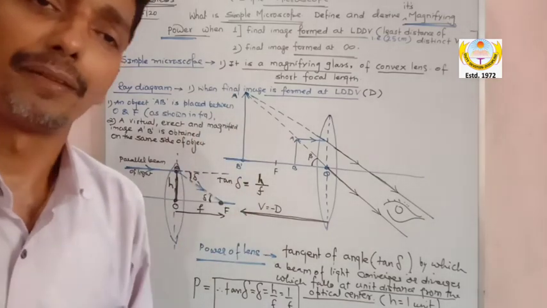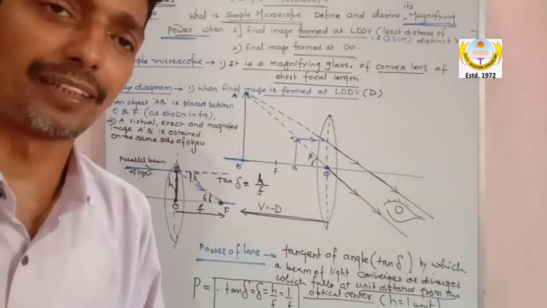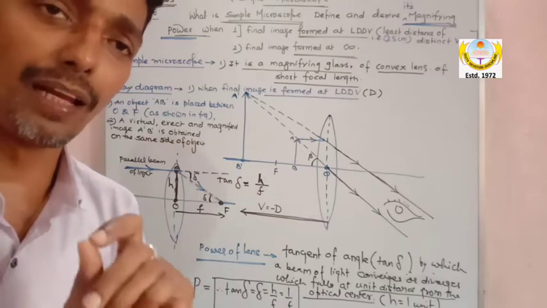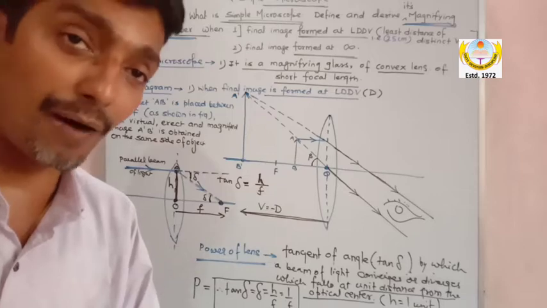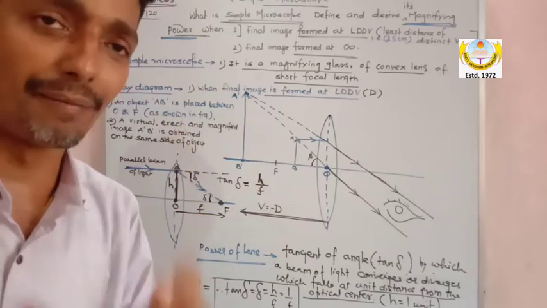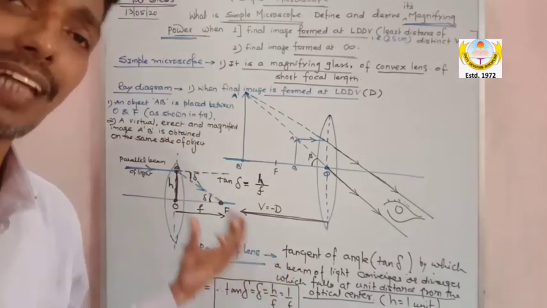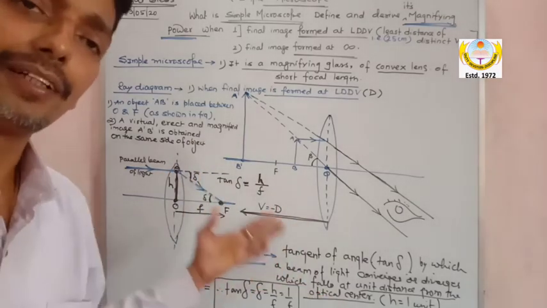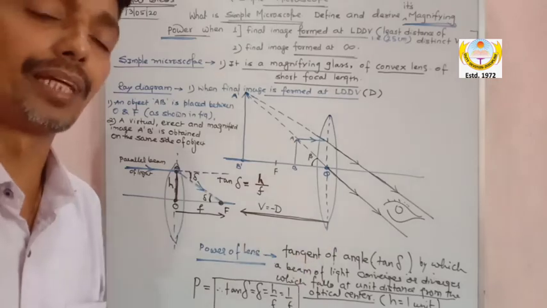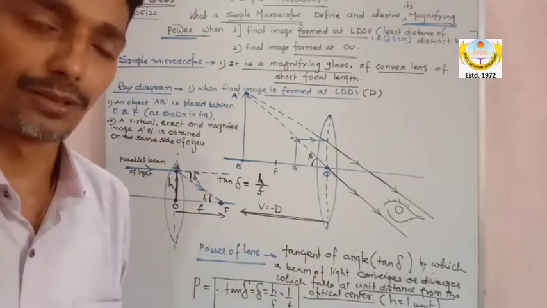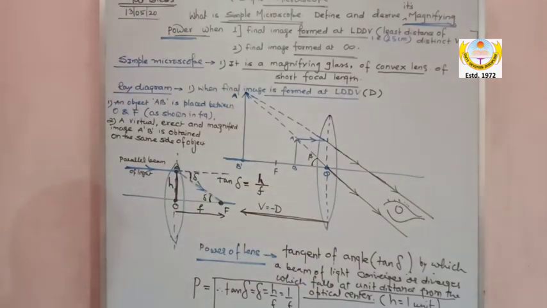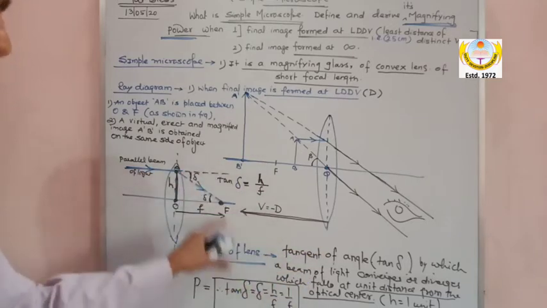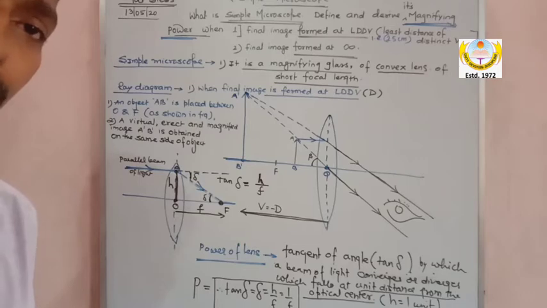No doubt it is a magnification, so of course it is a ratio of image to object. But it is not only magnification, it is magnifying power of lens. Since it is power related, it is the tangent of the angle subtended by the image at the eye to the tangent of the angle subtended by the object at the eye. Please note it down so that I can wipe it out and continue the topic.